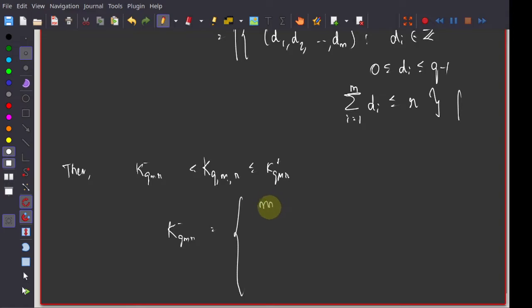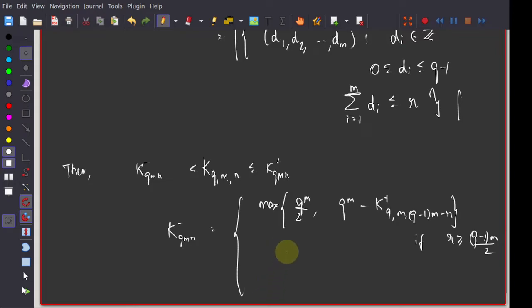It is a max of Q to the m by 2, to the m, minus K plus Q, m, (Q minus 1) into m times, and this is if R is greater than or equal to (Q minus 1) by 2.